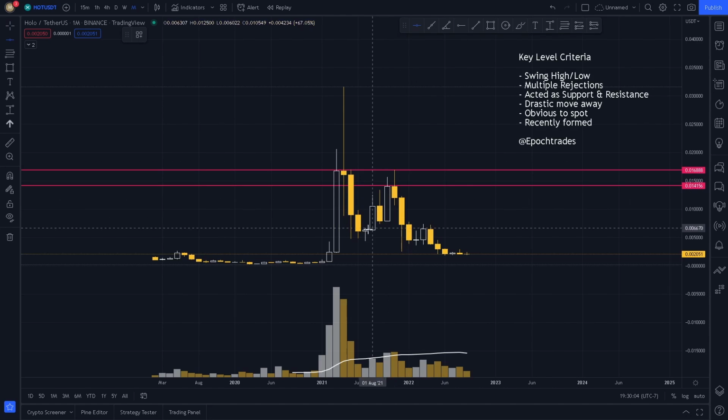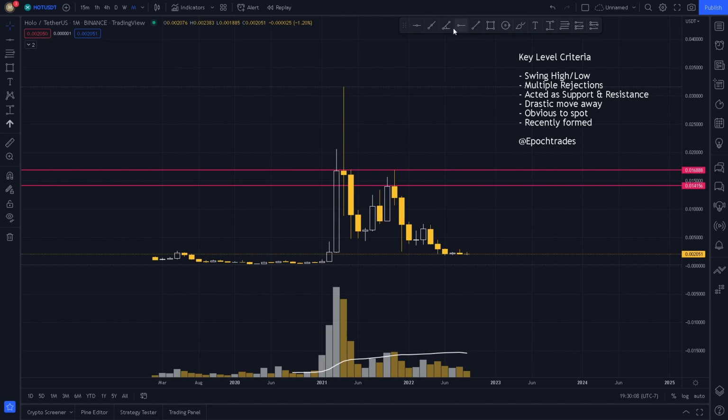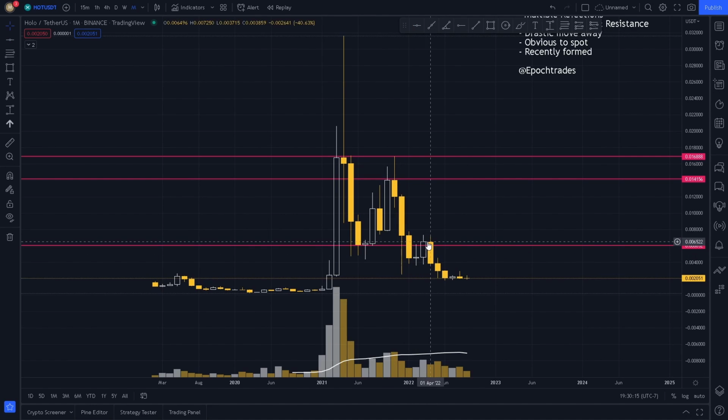So let's plot in another level. Now, something interesting here is that these two levels line up with the price action. So price actually acted as support and resistance as price tried to come back, but essentially followed through.